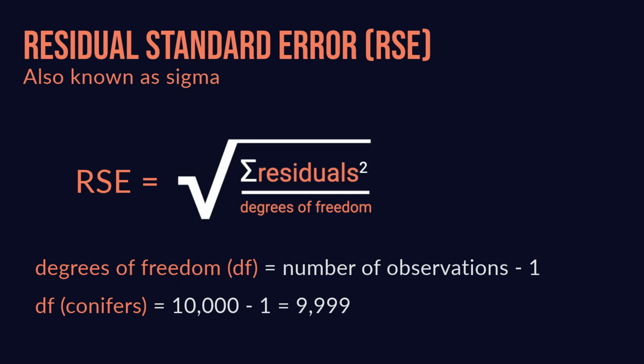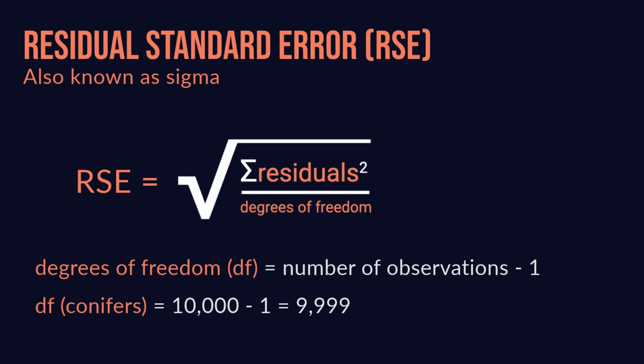The residual standard error, also known as sigma in linear regression, is the measure of how well the regression line fits the actual data points. It tells you, on average, how far off the model's predictions are from the observed values. The residual standard error takes all the residuals, squares them, then divides them by the degrees of freedom, and then takes the square root.